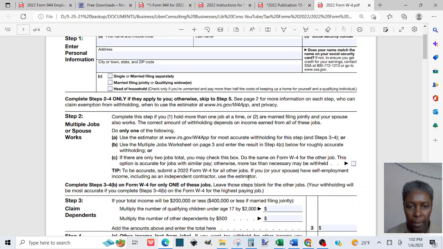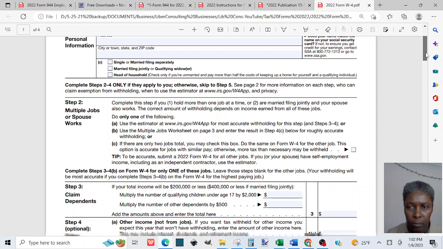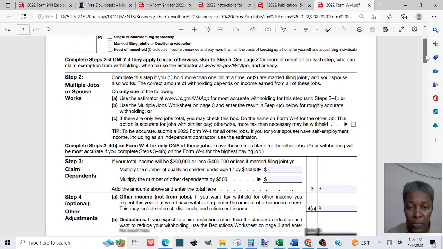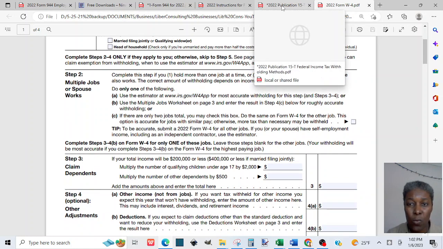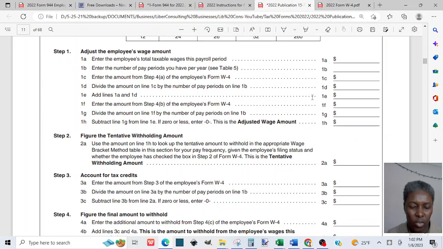So Step 2 just allows you to withhold more from the employee's salary. But again, if you're advising your employees on completing the W-4, just advise them to complete it as simply as possible so that it's a little bit easier on you as well. But the choice is yours.